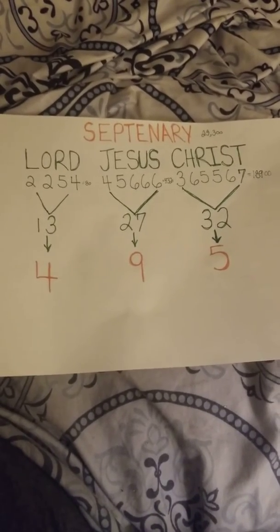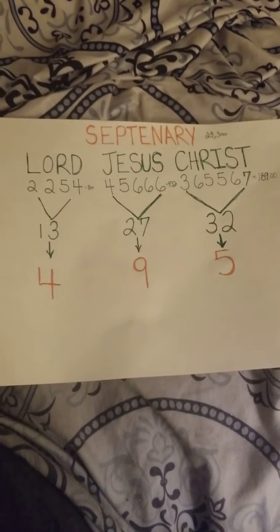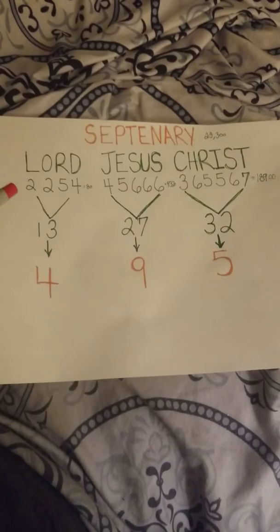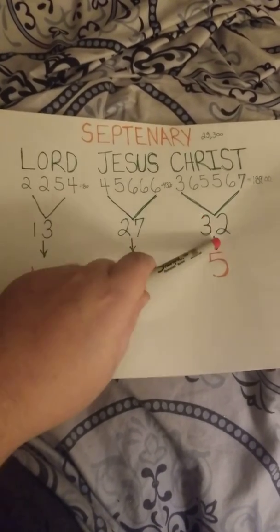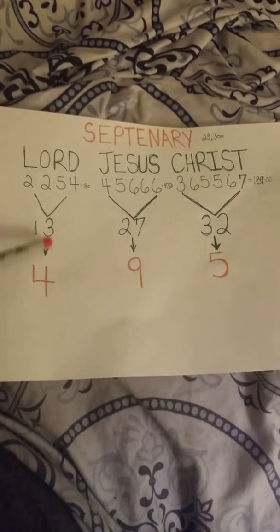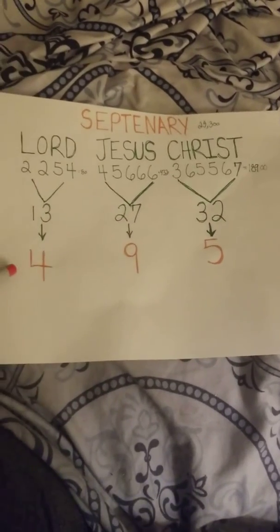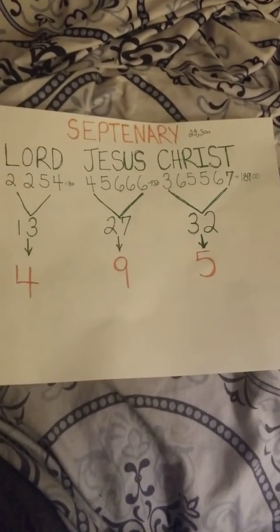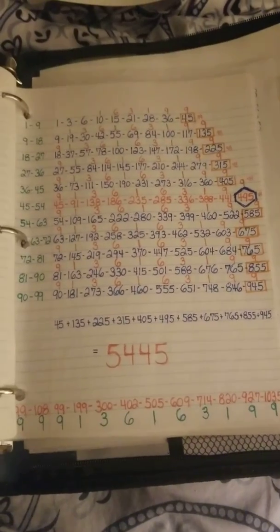Now, 495 is interesting because in the septenary cipher, if you were to take Lord Jesus Christ and add them all together, you would get 13, 27, 32. Well, if you were to break them down to the digital root, what do you get? 1 plus 3 is 4, 2 plus 7 is 9, 3 plus 2 is 5. 495. Now, 495 shows up all over the place.